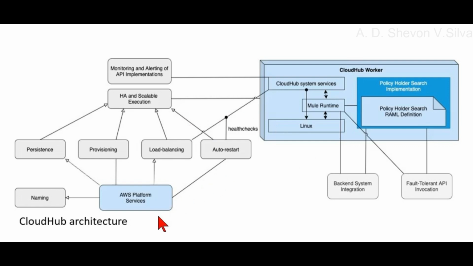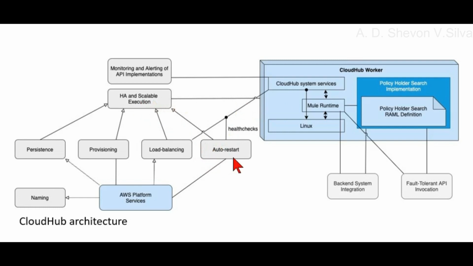Here the AWS platform services are connected to naming, persistence, and load balancing, and the AWS platform services interact with provisioning and auto start. Here persistence, provisioning, load balancing, and auto start are connected to HA and scalable execution, which interacts with the CloudHub worker.